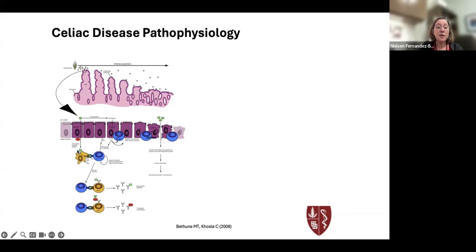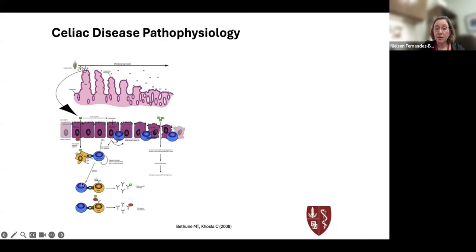And it's that modified form of gluten that is then picked up by the immune cells and leads to activation of the immune response. And what do I mean by that? Well, there are chemicals or cytokines that are made that affect the lining and increase permeability. And there's also activation of other immune cells that will then cause injury to the enterocytes.